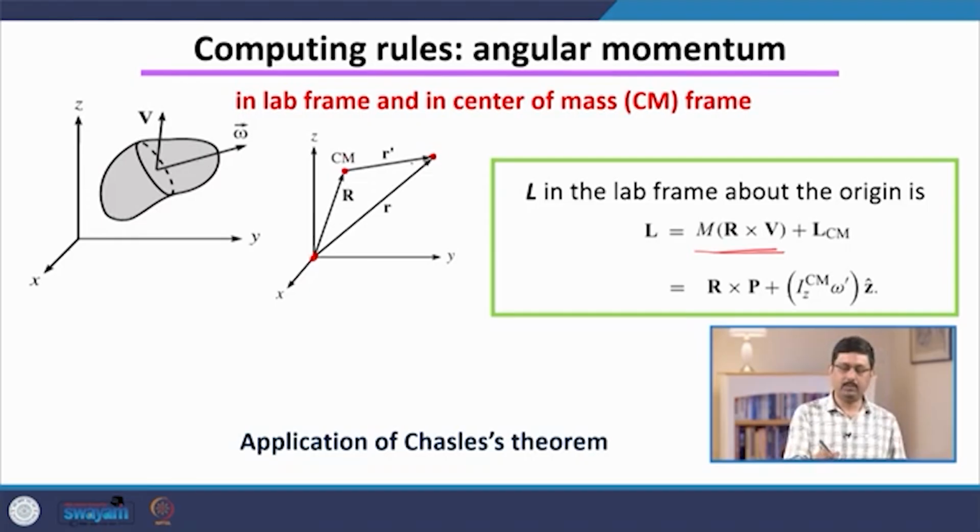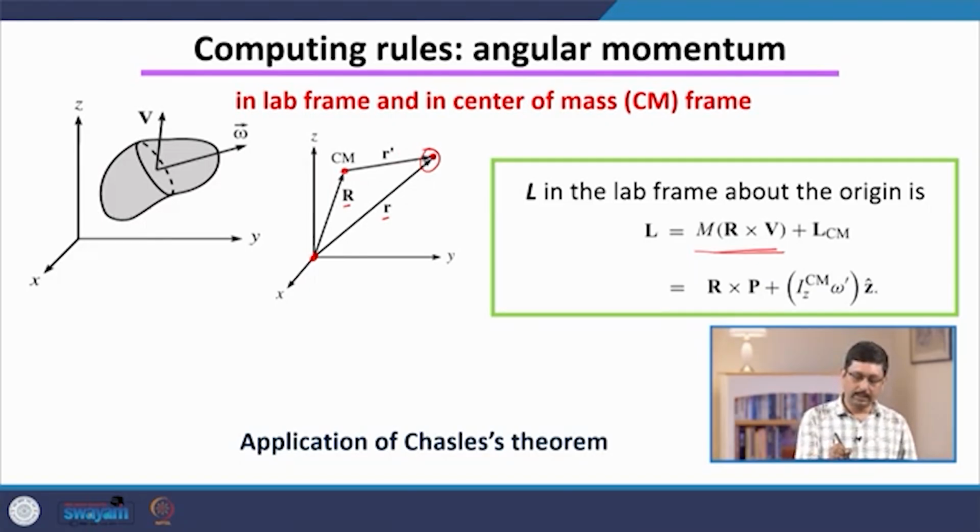The motion of this point is complicated, it has some translation and some rotation. So, what we are going to do is that this is the center of mass of the object, and the location of the center of mass is capital R in our lab frame, and the location of the point is small r in the lab frame. Then the angular momentum of this point is the angular momentum of this point about the center of mass.